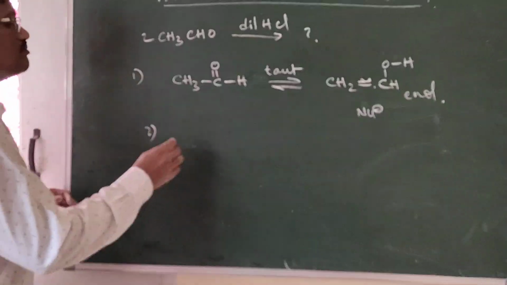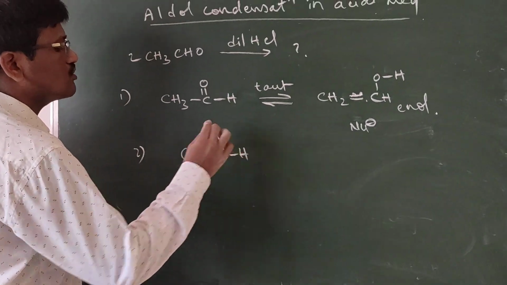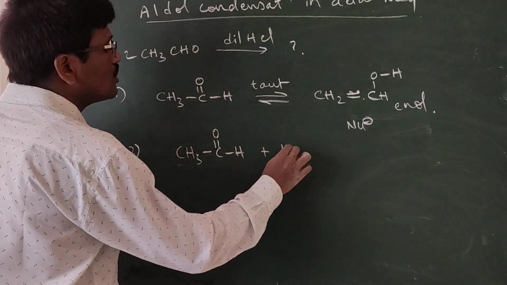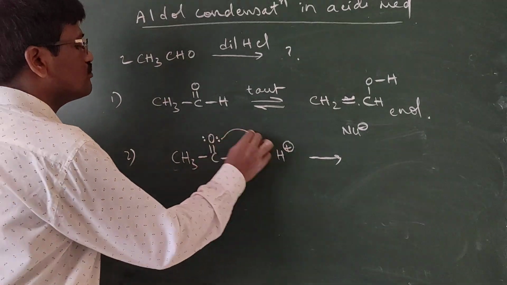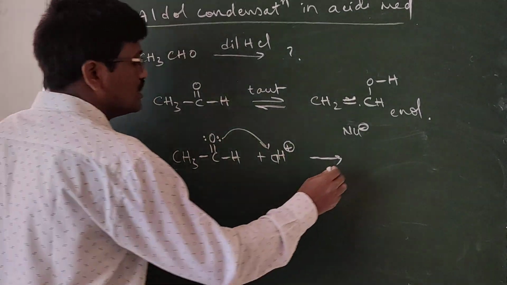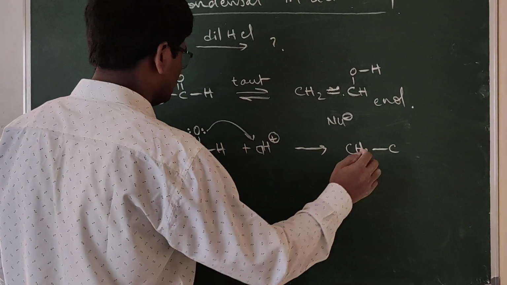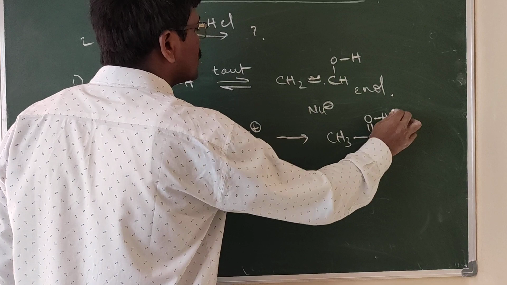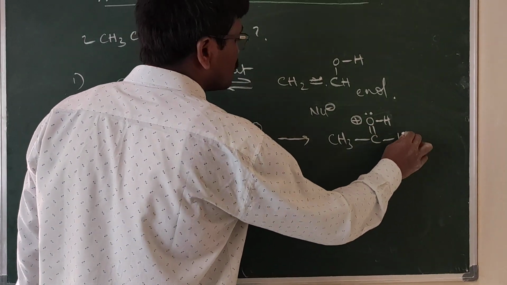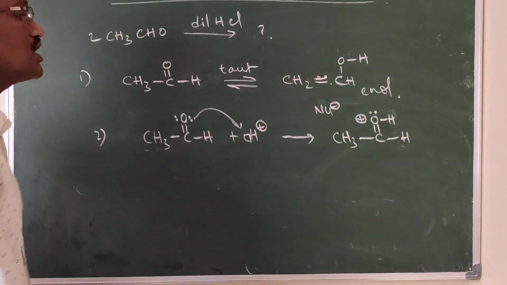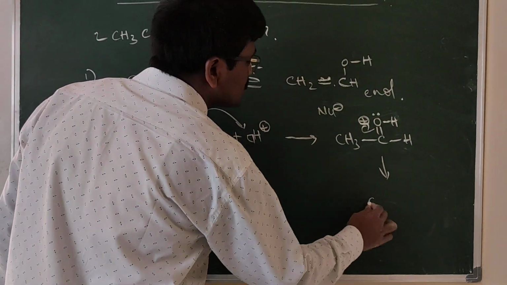In the second step, we are taking another molecule of aldehyde. On protonation, the oxygen donates an electron pair to the vacant orbital of H plus. This oxygen now has a lone pair and a positive charge, but since the oxygen has a deficiency, it will take up the sigma bonded pair.